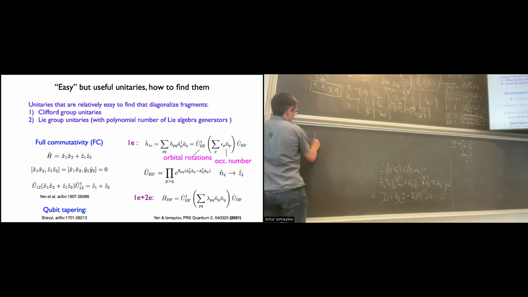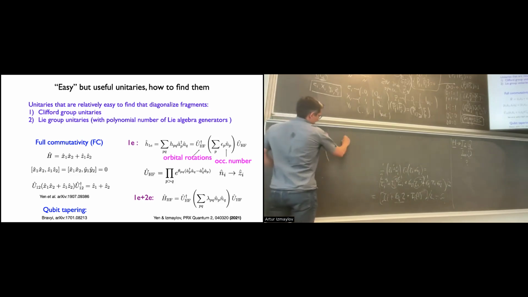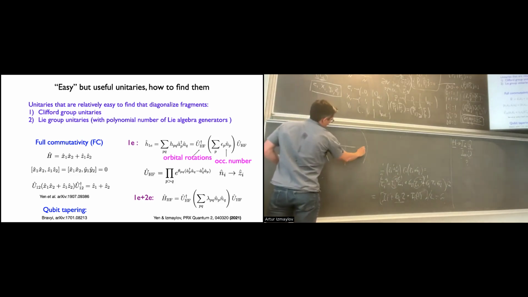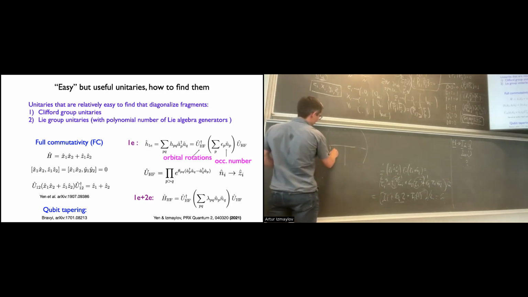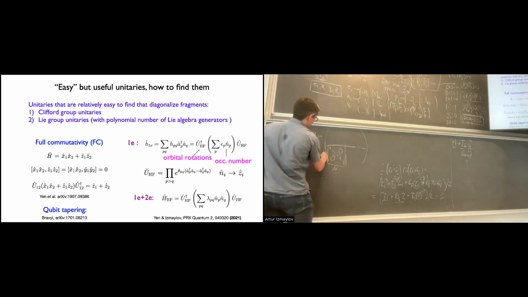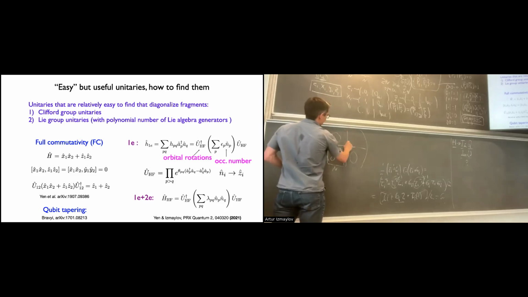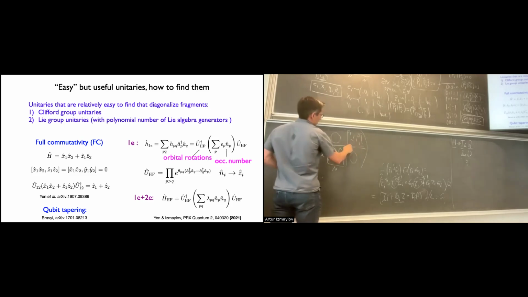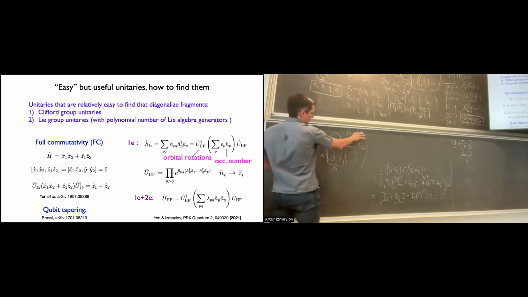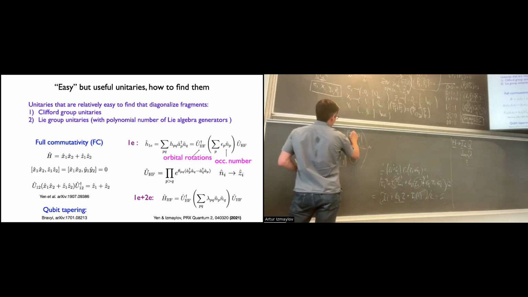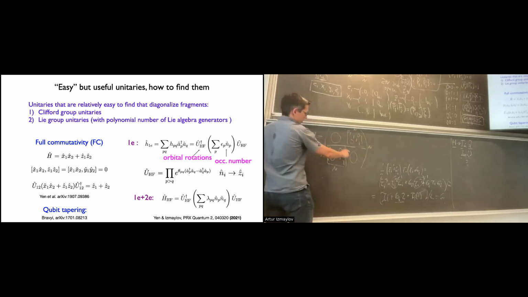The J matrix is 2n by 2n, and it has a very simple structure. It has ones, so essentially identity in the off-diagonal n by n blocks, and zeros on the diagonal blocks.